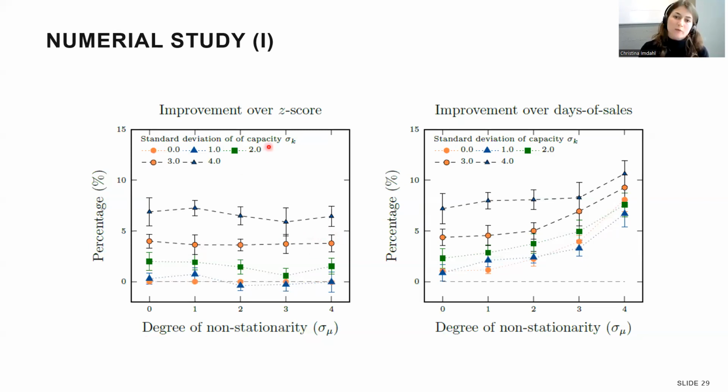So here the improvement over the Z-score policy is really dependent on whether the capacity fluctuates or not. On the other hand, for the improvement over the days of sales policy, we can see that our policy outperforms the days of sales policy by up to 10%, and that percentage increases if the degree of non-stationarity increases, but also if the standard deviation of the capacity increases.